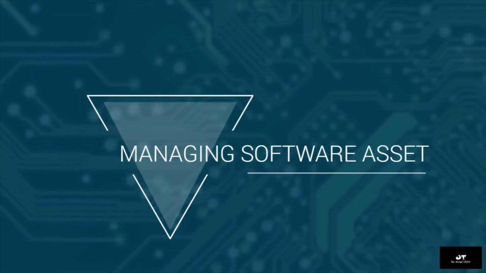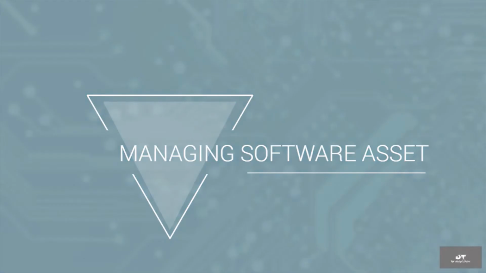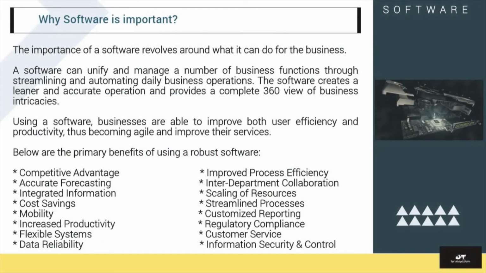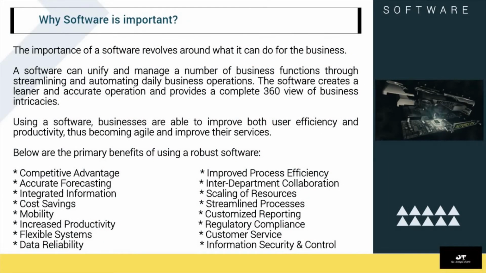Let us understand focus points for business organization to manage software asset. Business managers must understand why software is important. The importance of a software revolves around what it can do for the business.